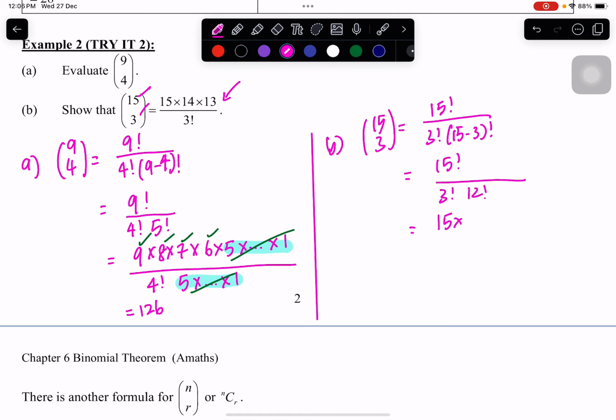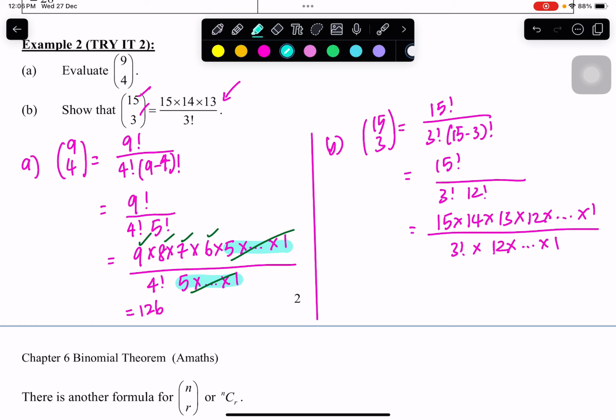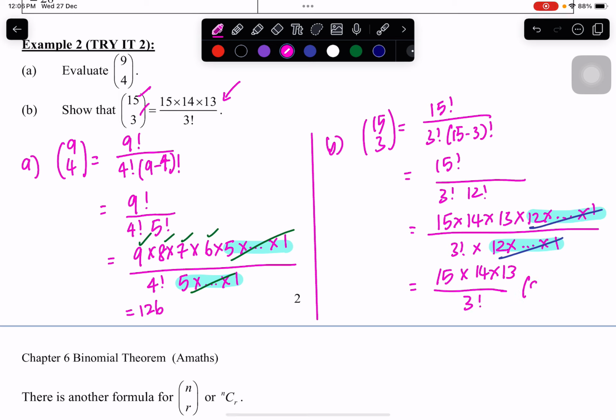So 15 times 14 times 13 times 12 all the way until 1, and 3 factorial multiplied by 12 times 11 times 10 all the way until 1. These two terms are again exactly identical. Cancel them out, and this leaves me with 15 times 14 times 13 over 3 factorial, which is what I am required to show.